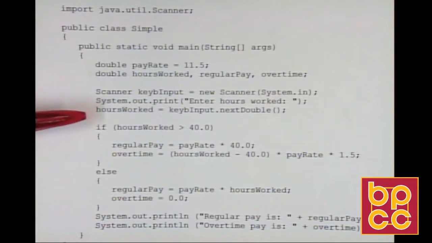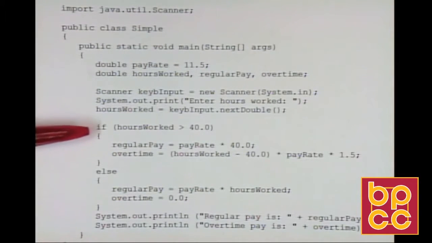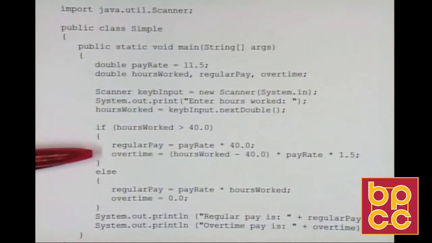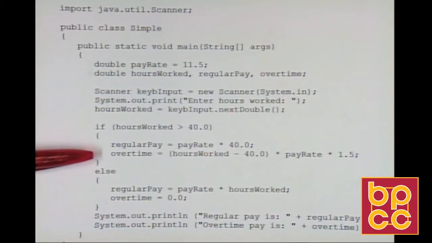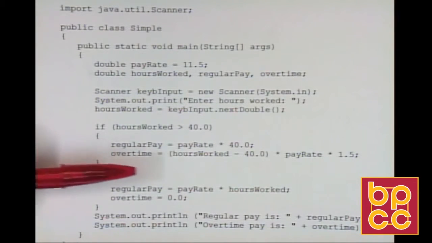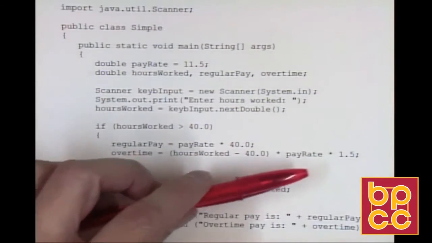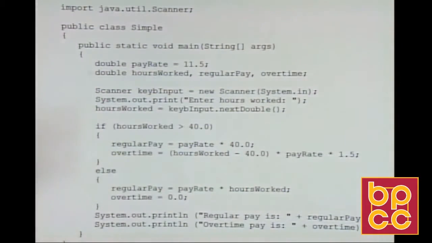So the way this will work is, if the hours worked is greater than 40, then regular pay will be the pay rate times 40 hours, and then the overtime pay will be all the hours worked in excess of 40 hours times the pay rate times 1.5. That's if the hours worked is greater than 40.